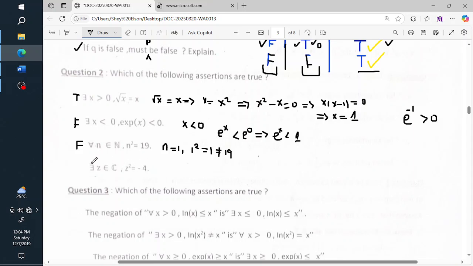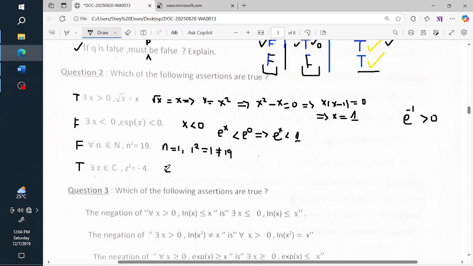But because they have used the symbol for there exists, it means it is true for some values, not for all values. So this one is true, but let's justify it. We can take z equal to 2i, or even -2i, or we can solve the equation z squared equal to -4 and get the values of z.